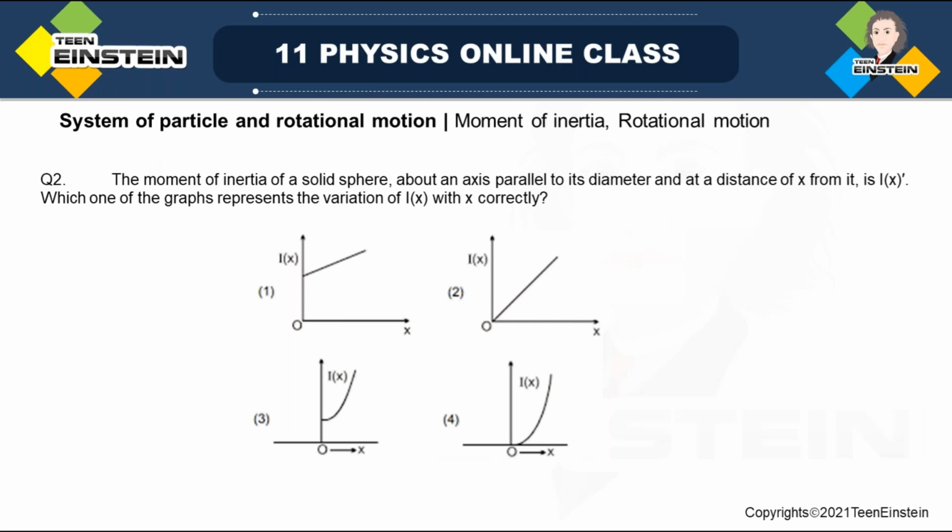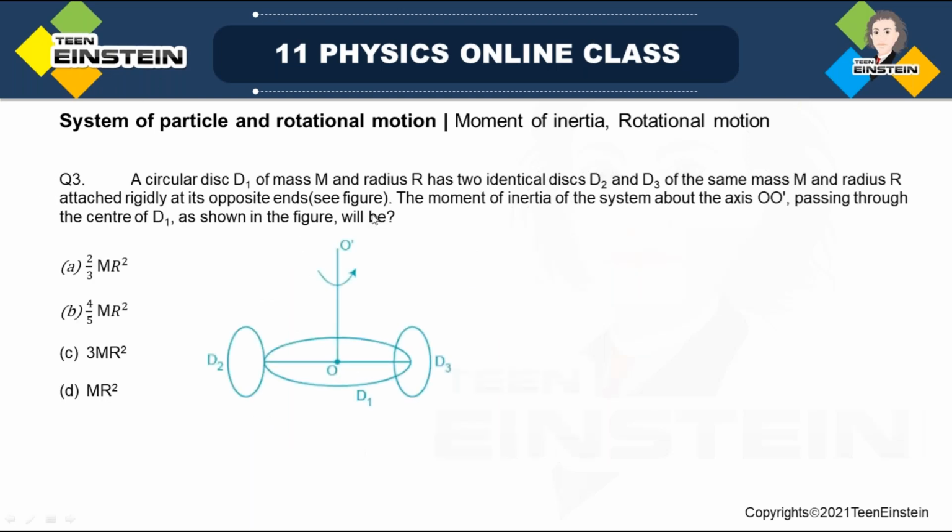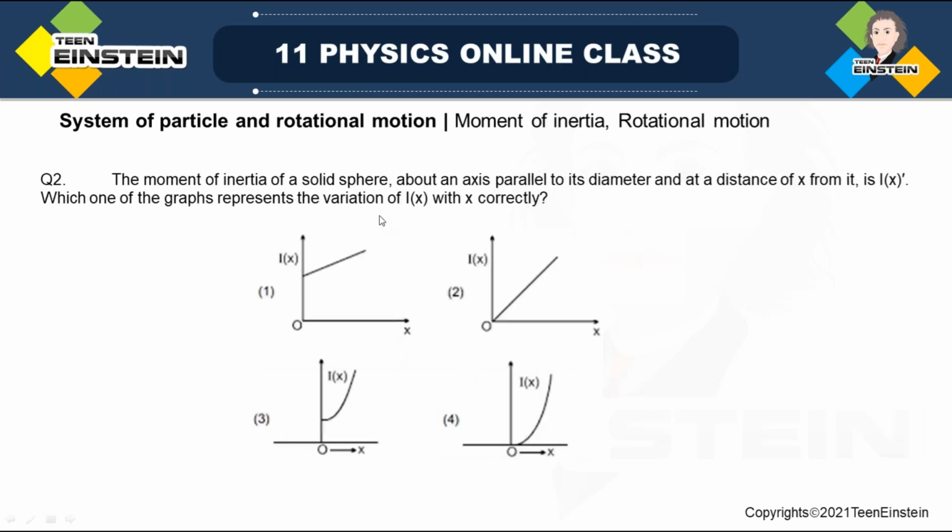We have to answer which of the following graphs represents the variation of Ix with x correctly. So this is a graphical problem. We have to solve it.